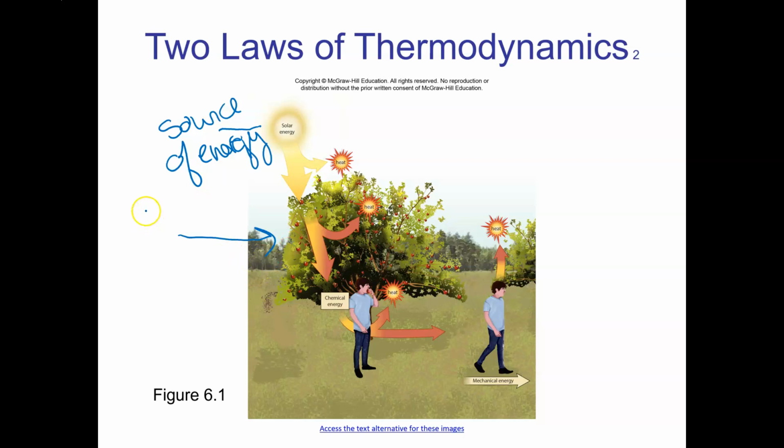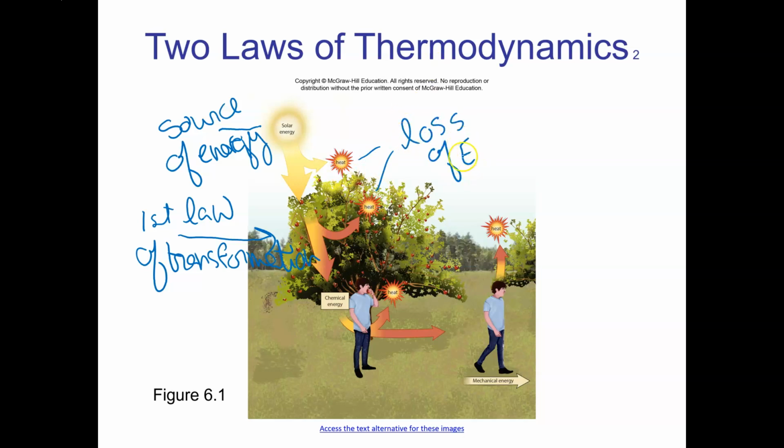So they've transformed energy using that first law of thermodynamics. As they did that, they lost energy in the form of heat. You can see that over here. That's the second law. Loss of energy equals entropy.